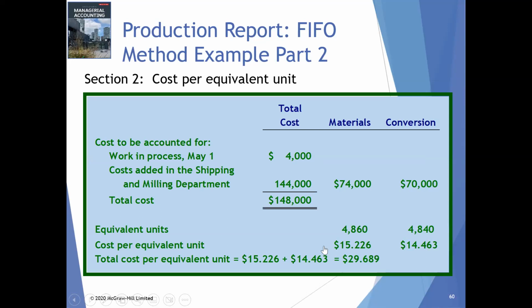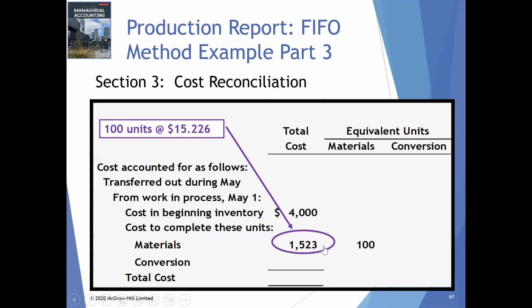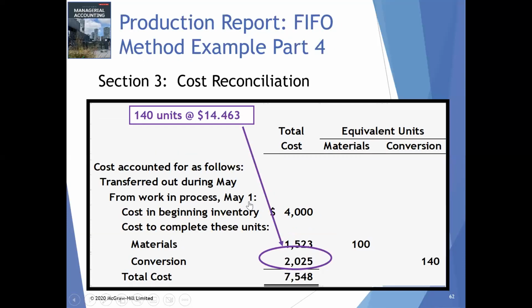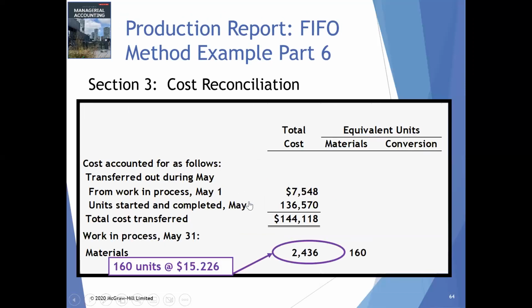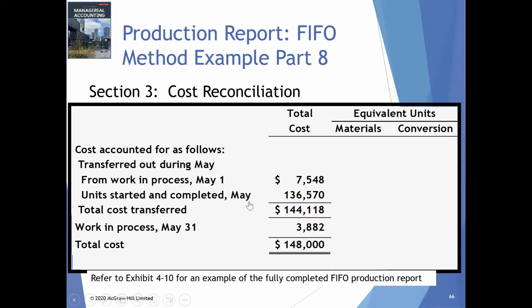Exactly the same thing that we have completed now, right? From the work in progress May 1st at the beginning, we have calculated for material and conversion. Also we have calculated for the end of the period for the material and conversion both, and made the total of this as 148.